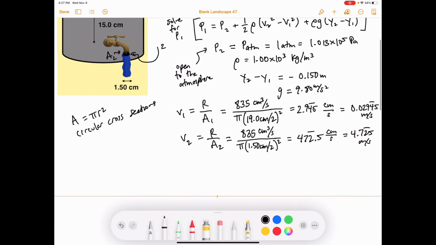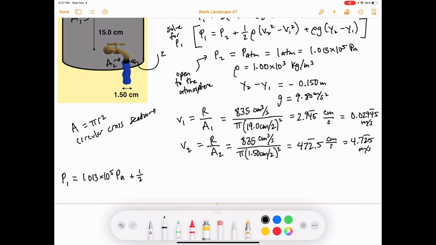So here we go. P1, that's equal to P2, which is 1.013 times 10 to the 5 pascals. Then I add that to 1/2 times the density rho, which is 1.00 times 10 to the 3 kilograms per cubic meter. And then I have V2 squared minus V1 squared, so 4.725 meters per second squared minus 0.02945 meters per second, square that as well.